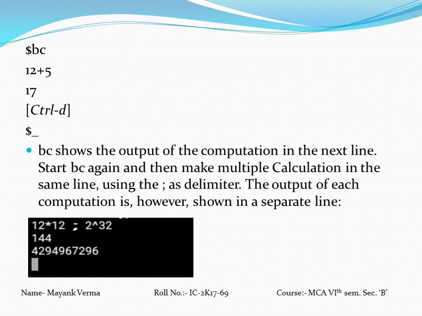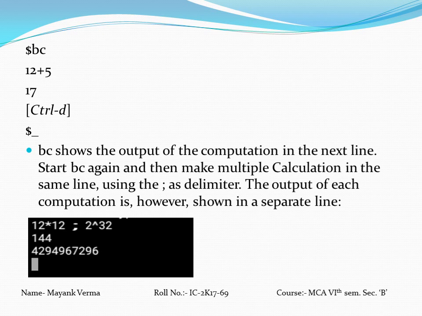Start bc again and then make multiple calculations in the same line using the semicolon as a delimiter. The output of each computation is, however, shown on a separate line.